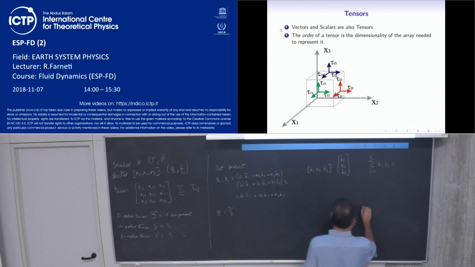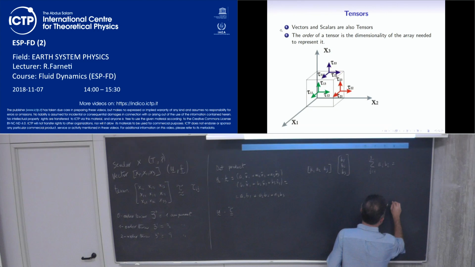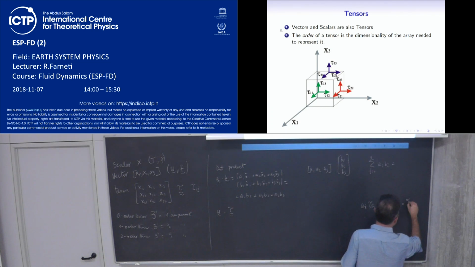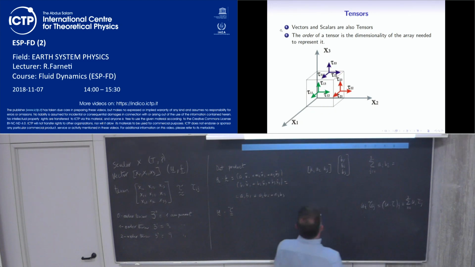In tensor notation, you have u dot tau j, or if you prefer, the index form.